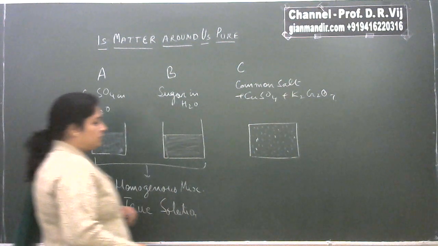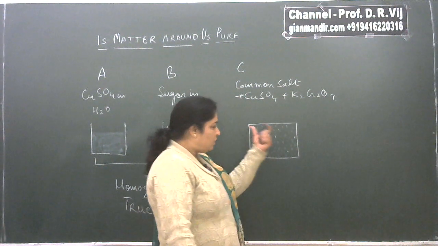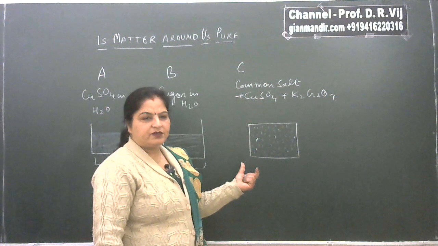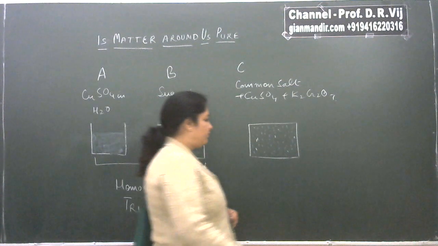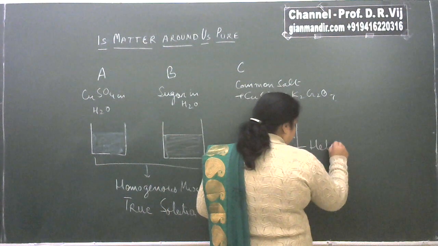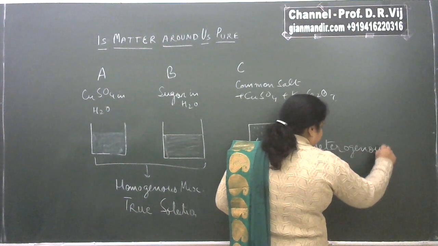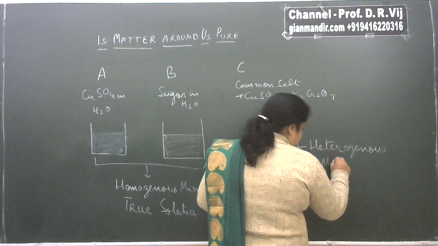If we talk about the mixture obtained by group C, where all 3 types of particles are easily identifiable from each other, then this results in a heterogeneous mixture.